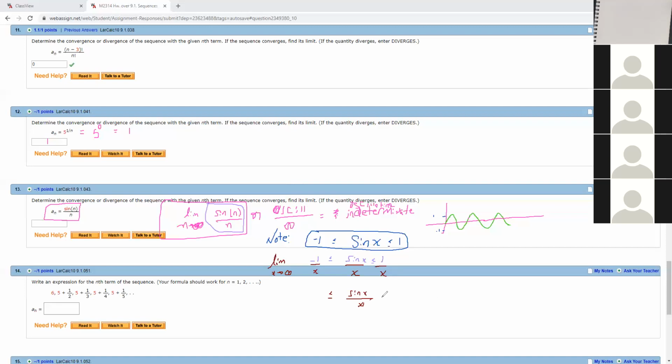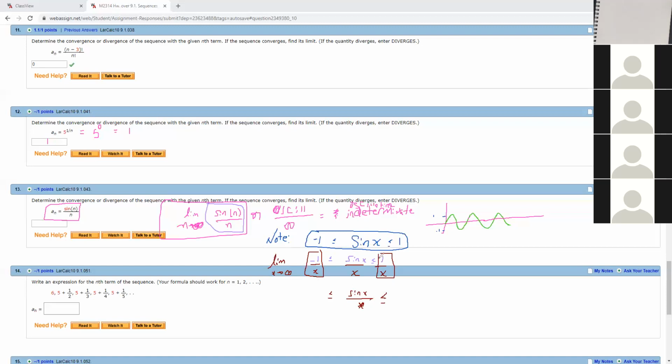And so we now take advantage of this fact divided by what we needed, so it looks like this. And now we can take the limit of this piece and this piece, and then we will get to use the squeeze theorem. So sine of x over x is getting squeezed in between this value and this value as you go out forever.